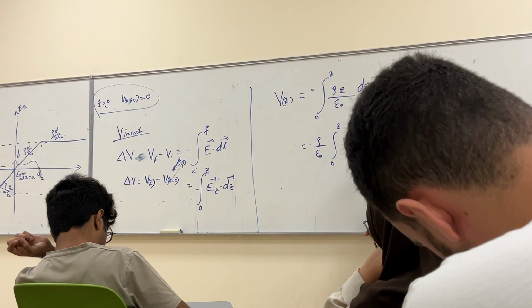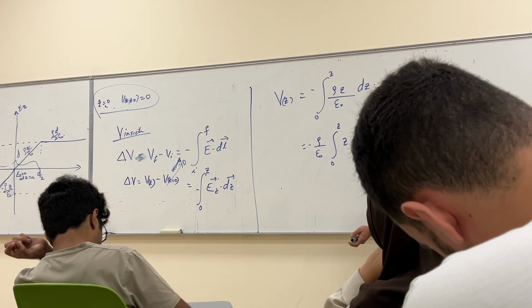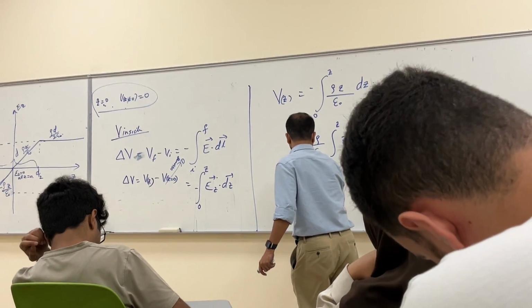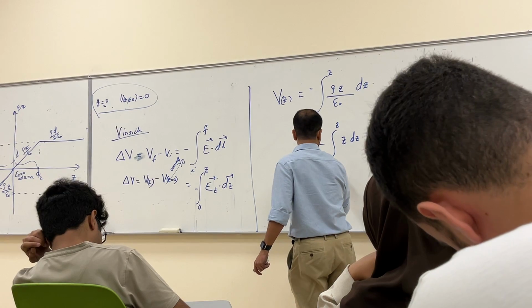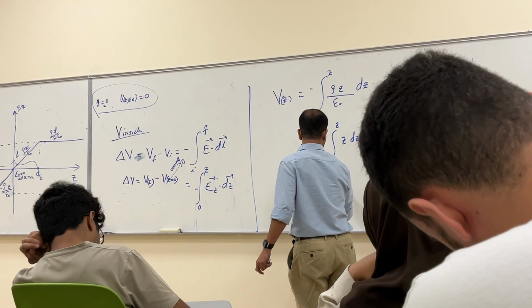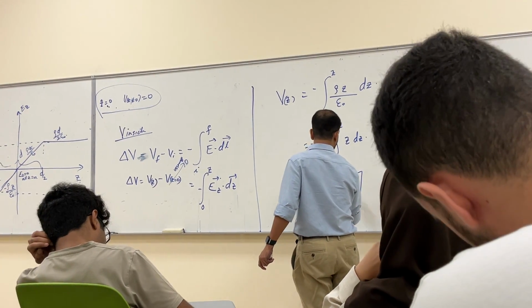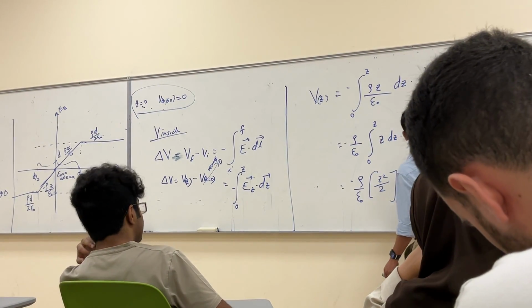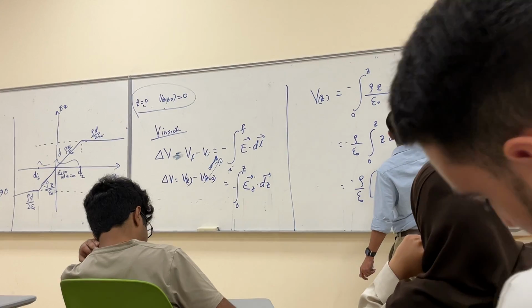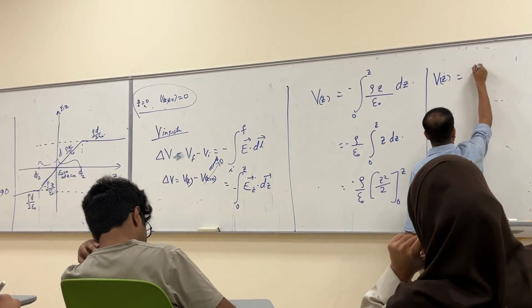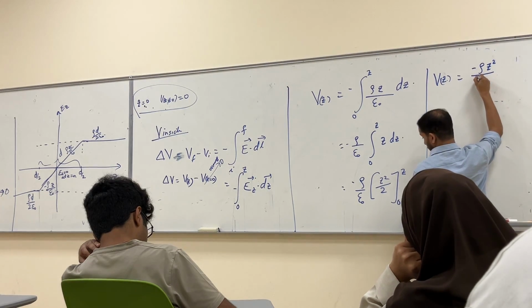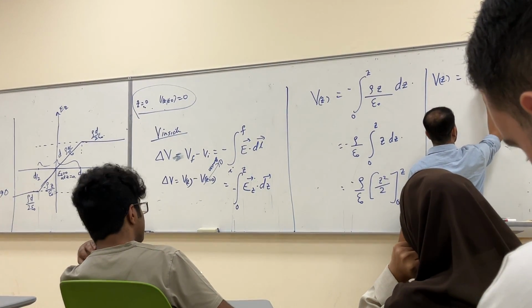What is the integration of dx? It is x. So rho over epsilon 0 times z squared over 2, from 0 to Z. So you will get the potential inside is equal to minus rho z squared over 2 epsilon 0.